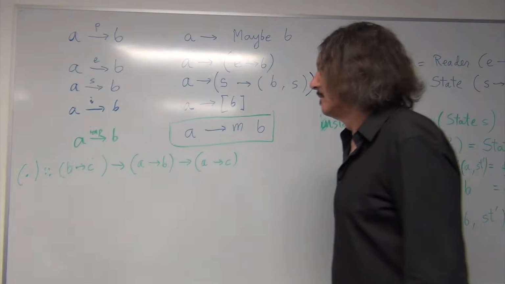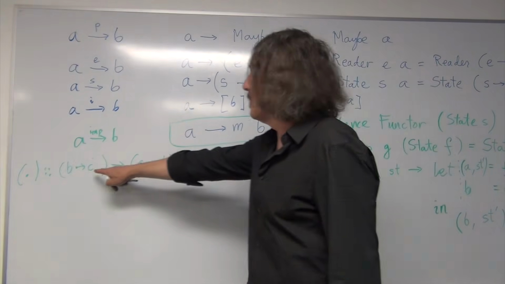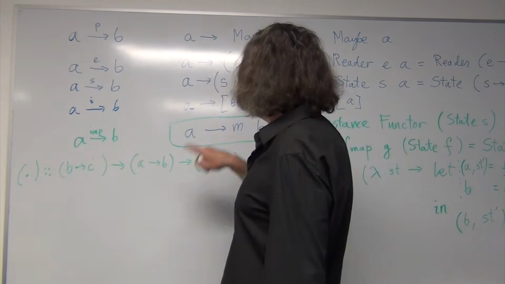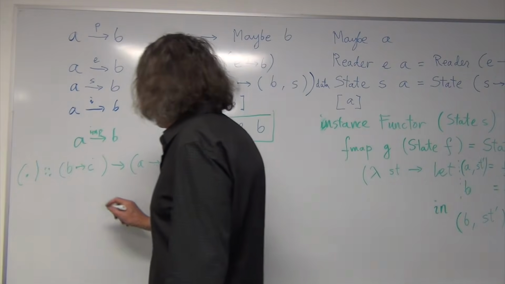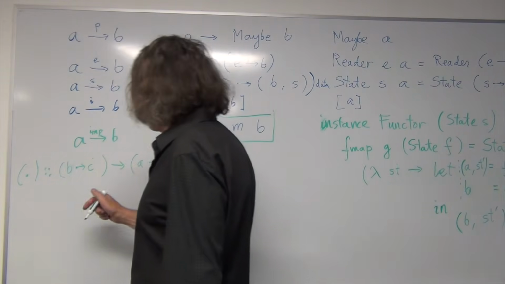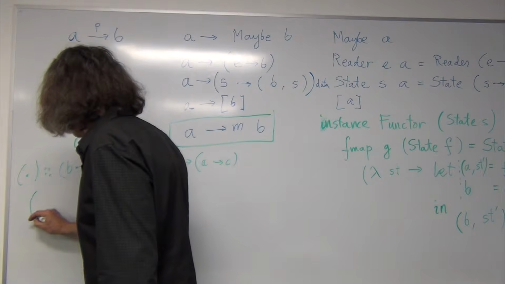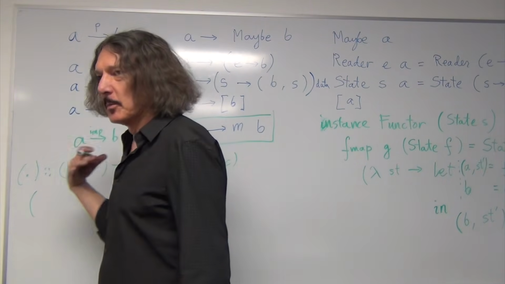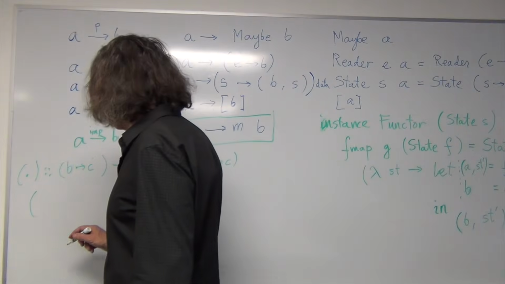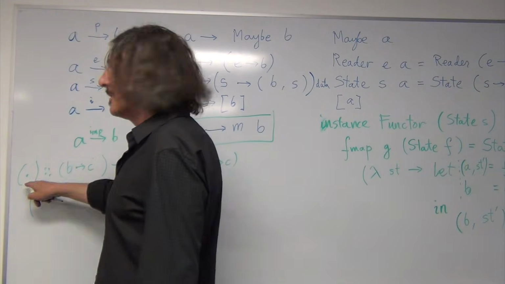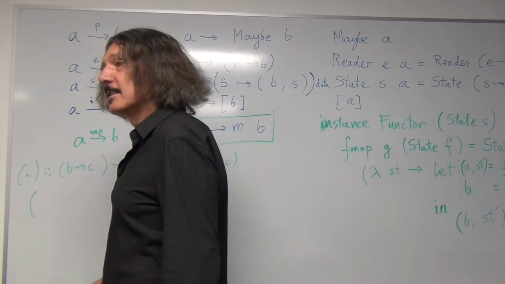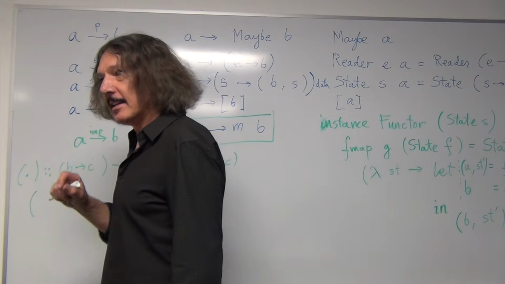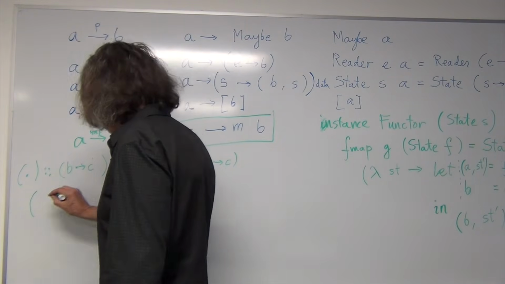The signature of the dot. We want to replace these functions with Kleisli arrows, and also flip these two things. We could define this operator backwards or forwards, but it's more popular to do it forwards. And this operator that combines Kleisli arrows is technically called a fish.